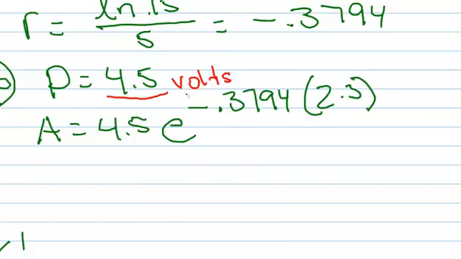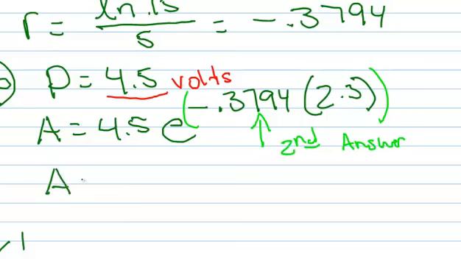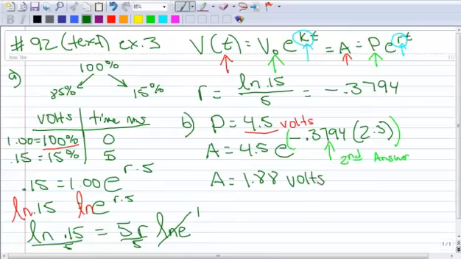And when you key that in, don't forget to put parentheses around all of this exponent, and then your r right there, you can do with your calculator, second answer. I leave that calculation up to you, but make sure that you get 1.88 volts.